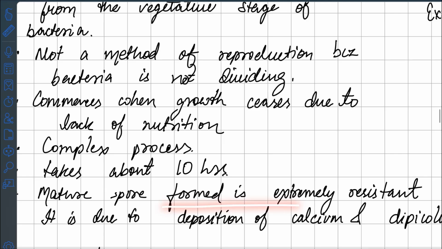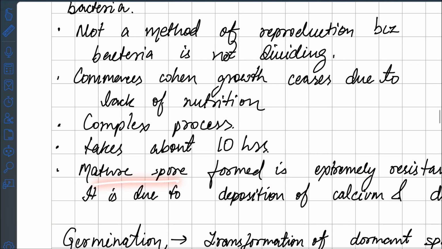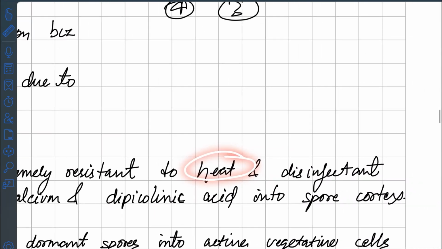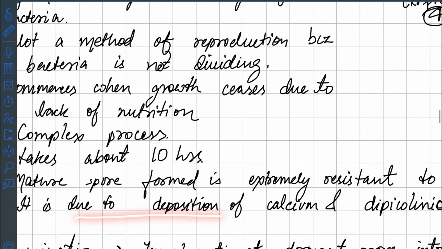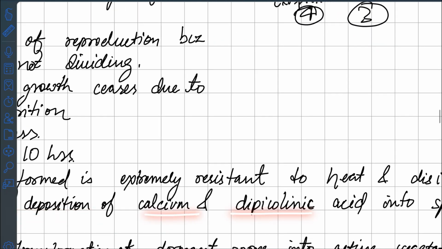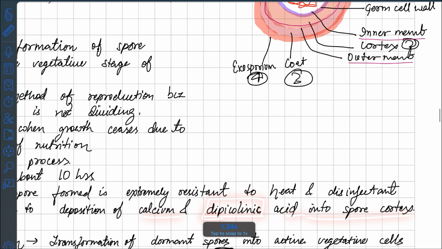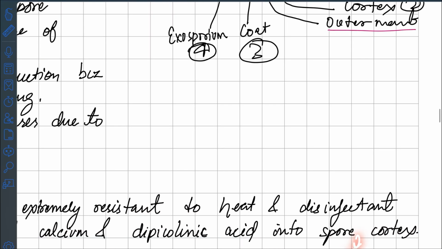The mature spores which are formed are extremely resistant to heat and disinfectants. It is due to deposition of calcium and dipicolinic acid into the spore cortex. So we saw the cortex, right? It was the second layer from inside.